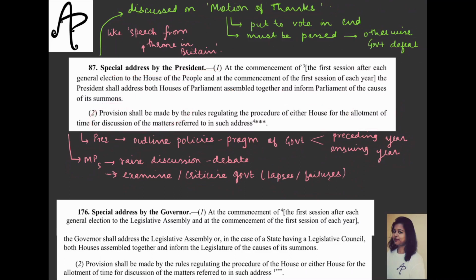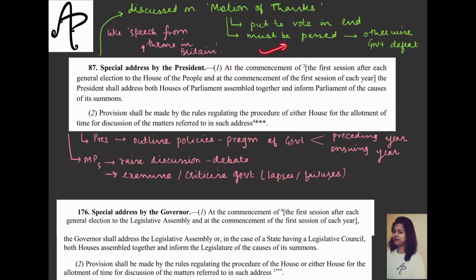Okay, now when this motion of thanks is discussed, after the entire speech is done, after the entire policy and everything is discussed, it is put to vote in the end. After the entire speech is done, it is put to vote for the members. Now the point is, it must be passed by the members.